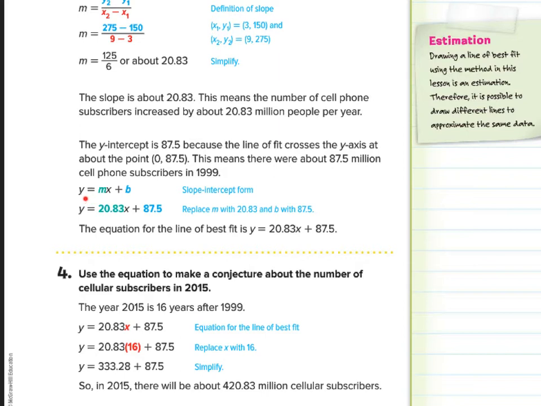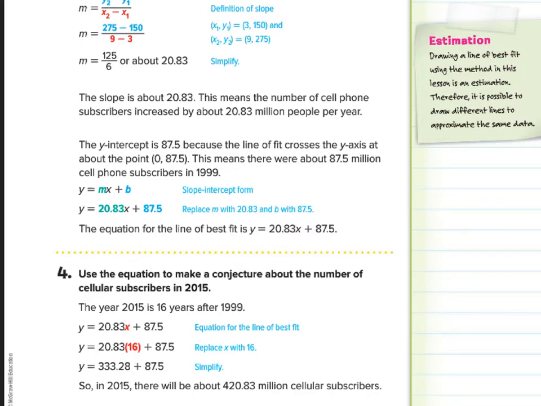If we use slope-intercept form, y equals mx plus b, we replace our slope m with 20.83 as we already figured, plus our y-intercept, which is 87.5 million. The equation for the line of best fit is y equals 20.83x plus 87.5.